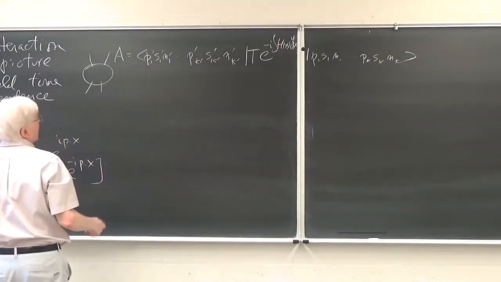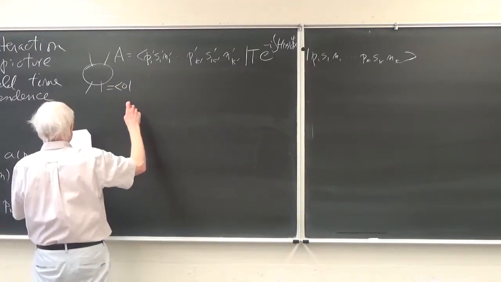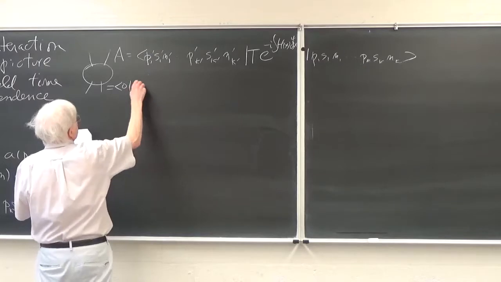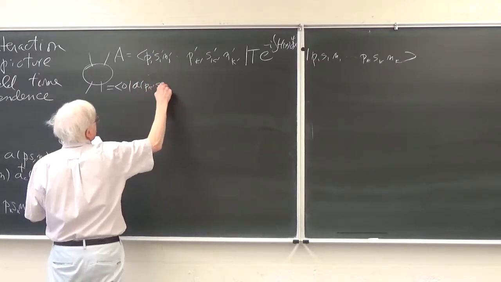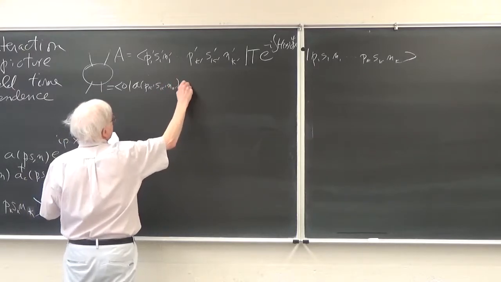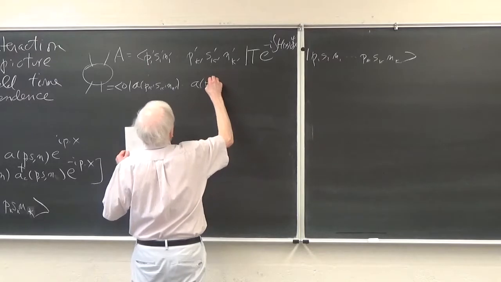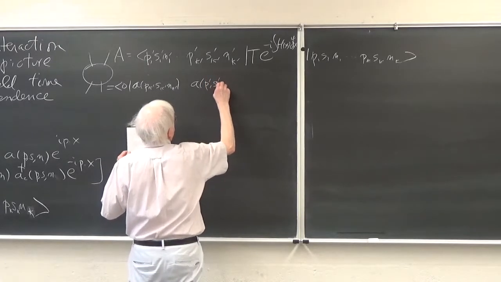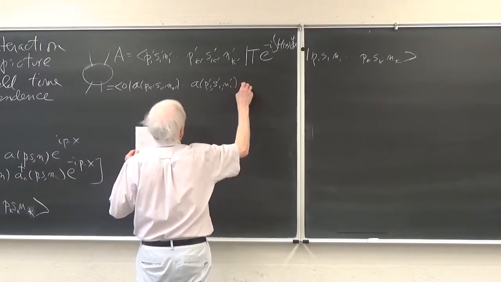And now this thing is related to the vacuum, and it's A of pK prime, sK prime, nK prime, dot dot dot, A of p1 prime, s1 prime, n1 prime.